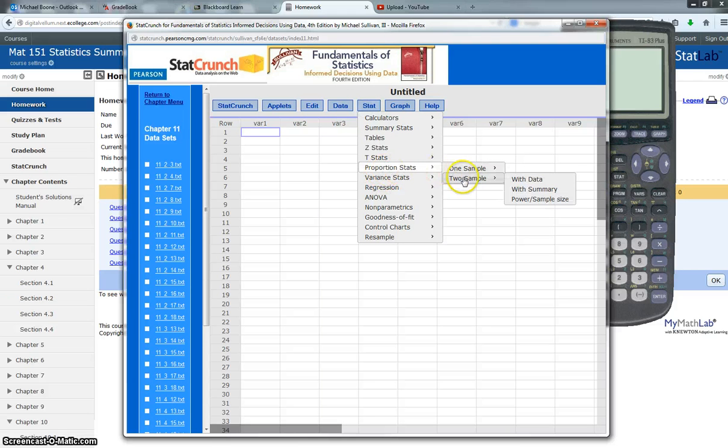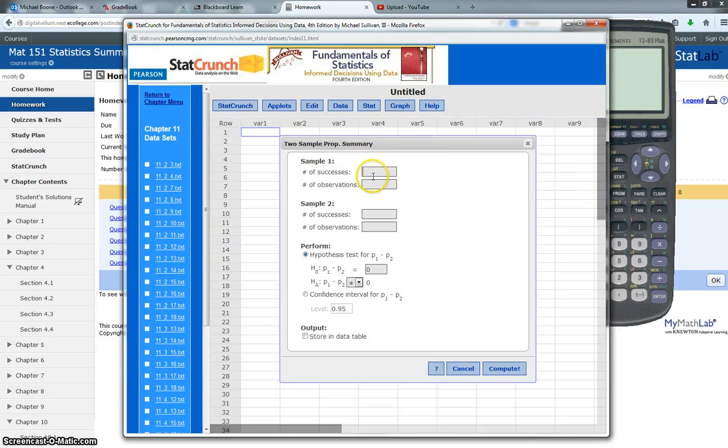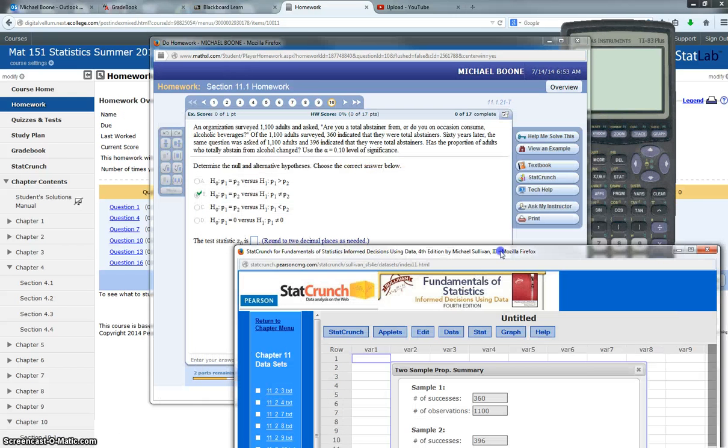proportion stats, but now we're doing two samples, and we have a summary of the data. So it was 360 out of 1,100, and then the other sample was 396 out of 1,100. So again, this says that the difference between them is 0, which is equivalent to saying that P1 equals P2, because if you subtracted P2 to the other side, you'd have P1 minus P2 equals 0.